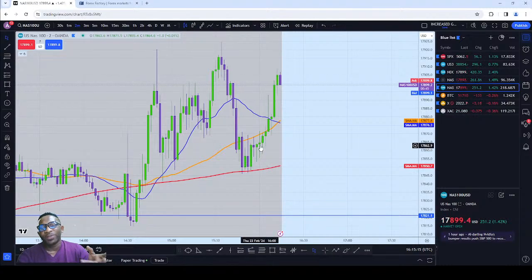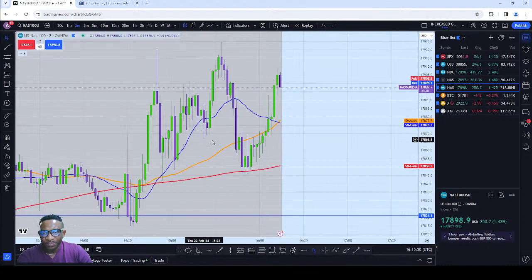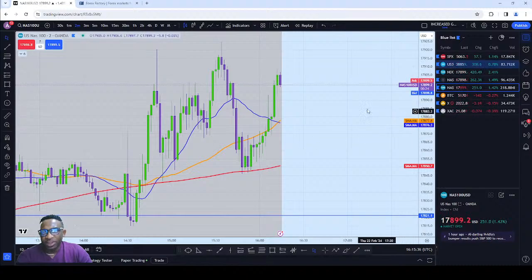I don't have to confirm it for you. If you spot this, you can just hop on, even though there were a bit of wicks here up and down before this move up. So let's just go back to US 30 and see if we can spot an opportunity there.